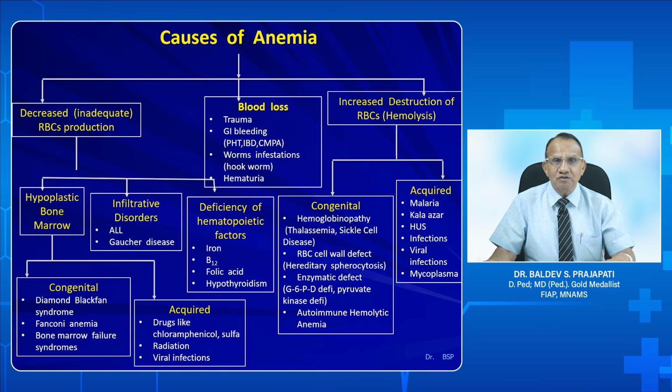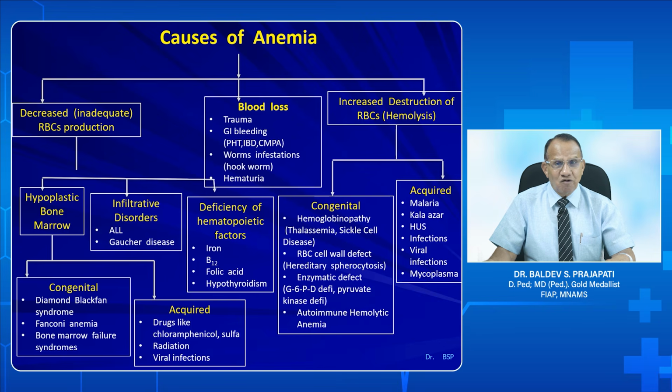While acquired causes where bone marrow is involved and there is a decreased RBC production, may be very commonly due to the viral infections, some drugs, or even the radiation may cause this bone marrow involvement.